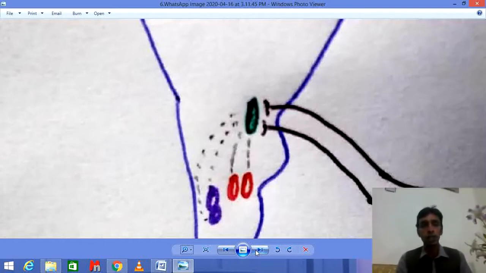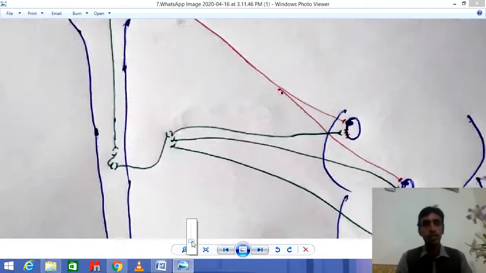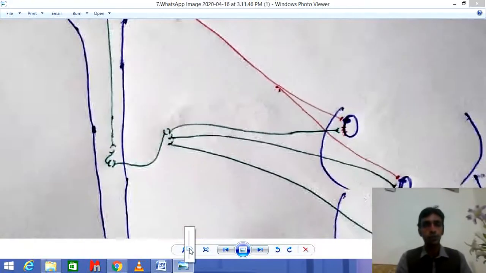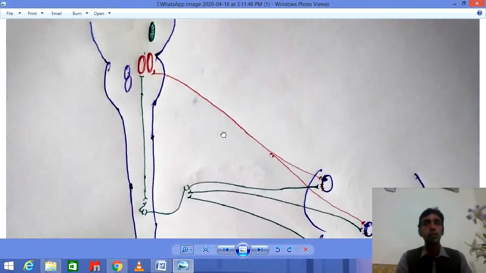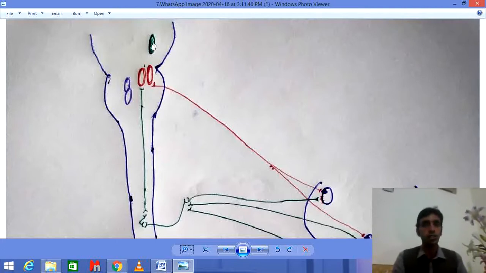Now what will happen? Coming toward the next diagram, focus on this diagram now. Your attention is required at this moment. This Tractus Solitarius, for example, the blood pressure is high, and this Tractus Solitarius transmits the information to this nucleus, cardio-inhibitory nucleus, cardio-inhibitory center.